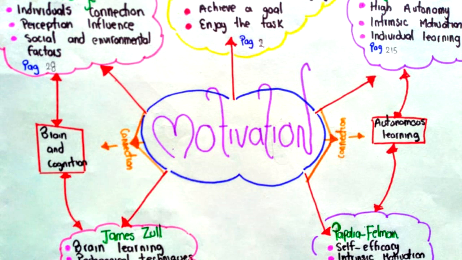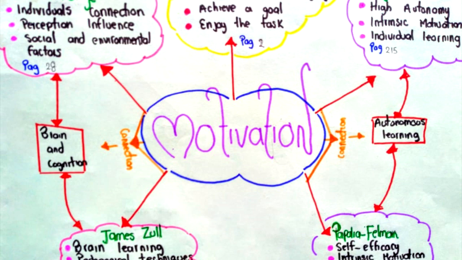But then in this mind map, I discovered that, for example, Sultan and Zull talk about brain cognition, where I found that to understand what motivates a person, we have to start with the brain and how it can be molded to understand what we are experiencing in the process of learning.